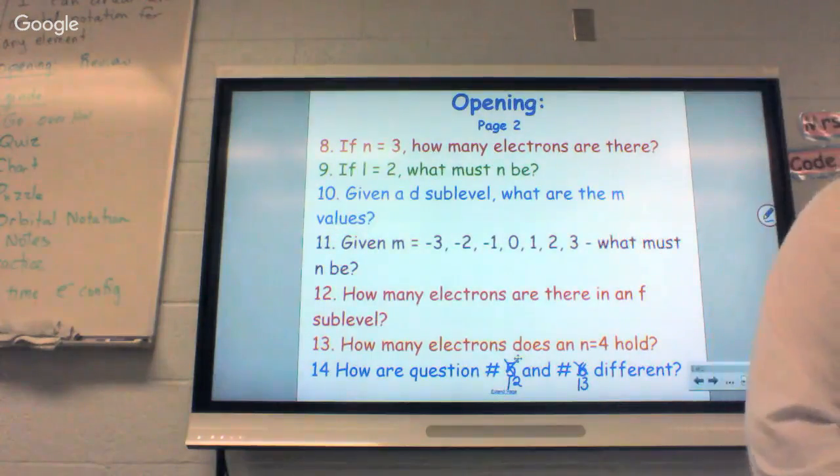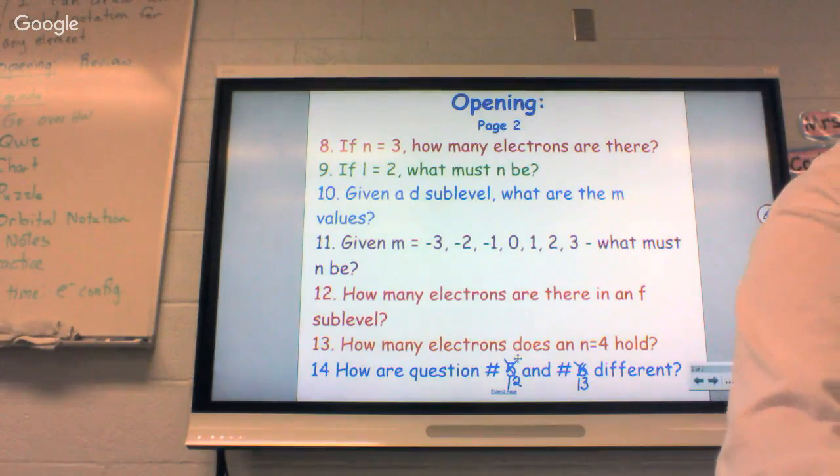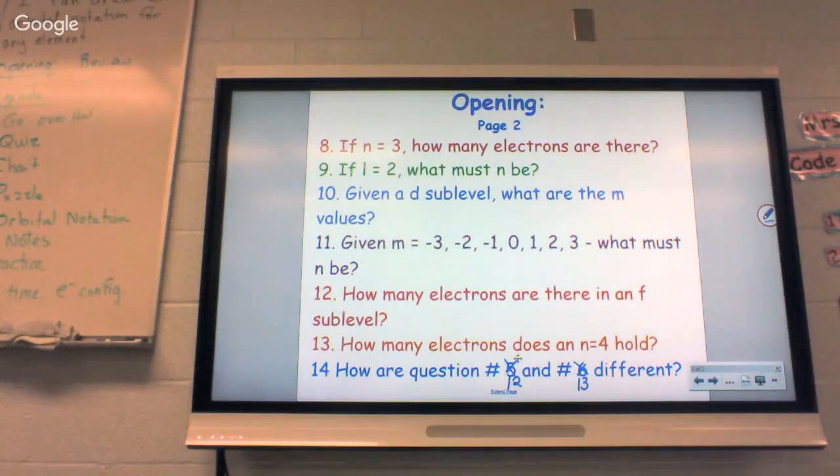They're similar to the ones that you just worked, except that they use more of the N values, the L values, and the M values that we put in yesterday's notes. In your notes, don't put them in the opening, but just add them to your notes. I don't care if you write the questions down, but see if you can find the answer.